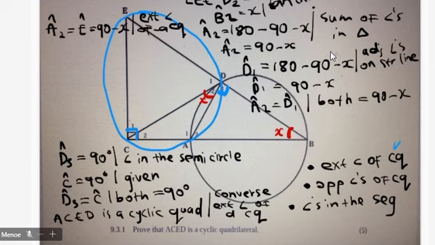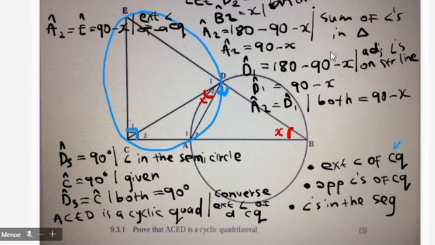The reason for drawing a circle is so that you can answer the next question that might need you to talk about something about the circle. If you didn't draw a circle, it would be difficult because you would still think this quadrilateral is not in the circle, so I can't talk about the external angle of a cyclic quad. Now you can, because you have proven that this quadrilateral is inside the circle. You see?